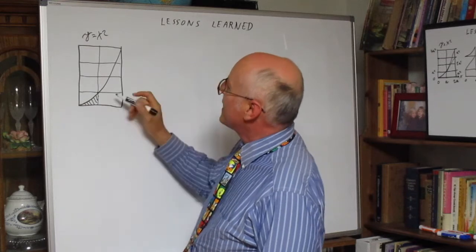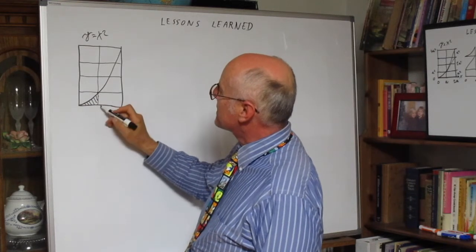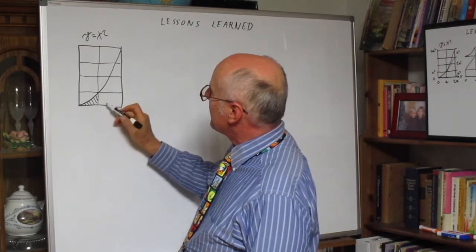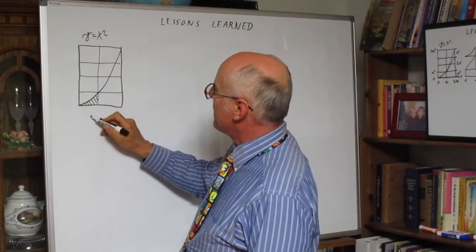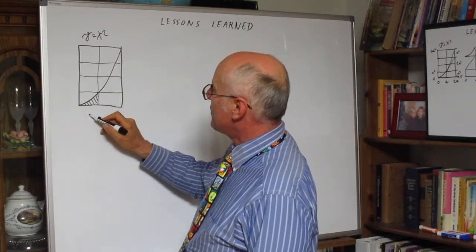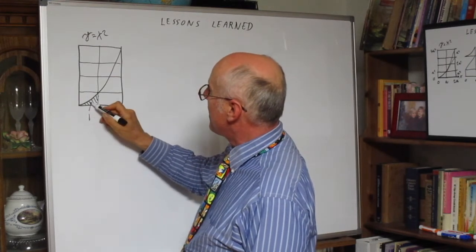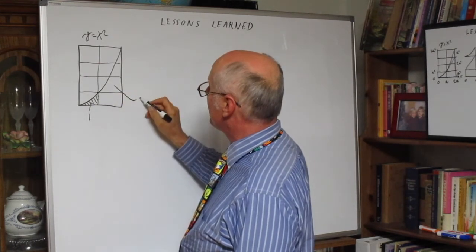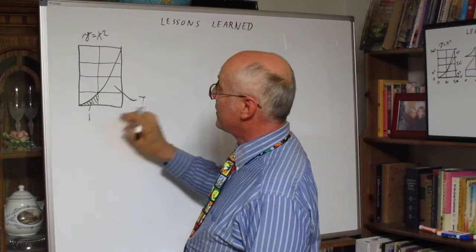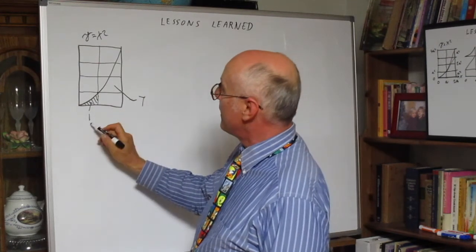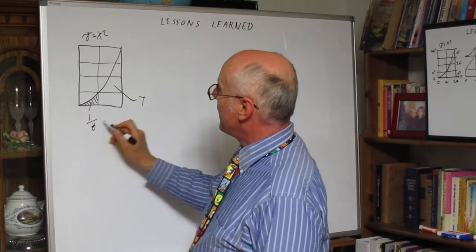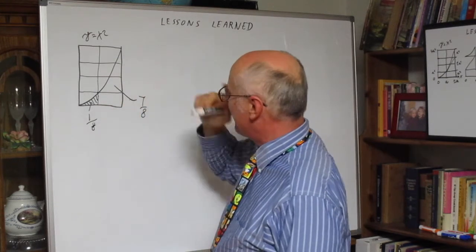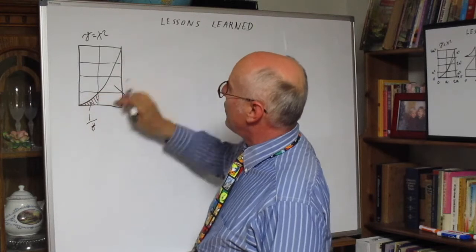So that would mean this would be in a proportion of 1, and then this whole thing would be in a proportion of 7, 1 to 7, or 1/8 and 7/8 of this whole big wedge.